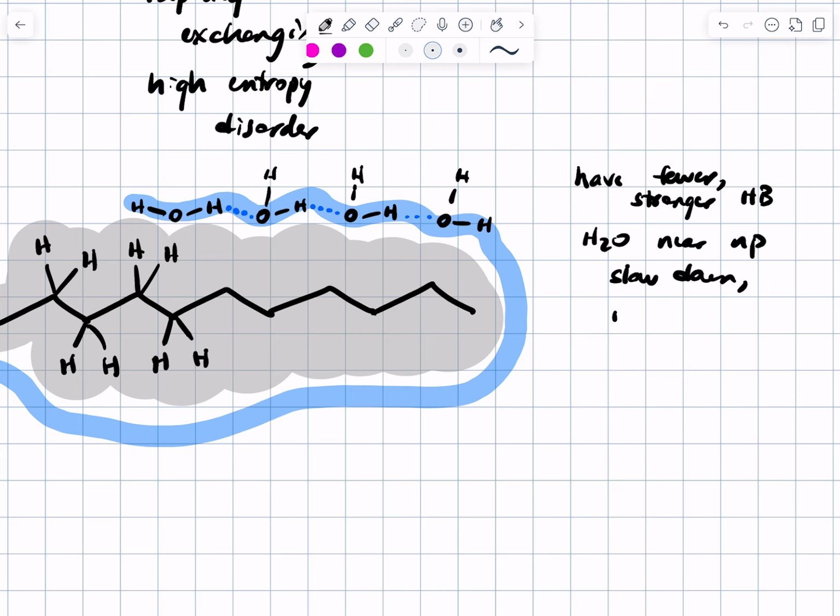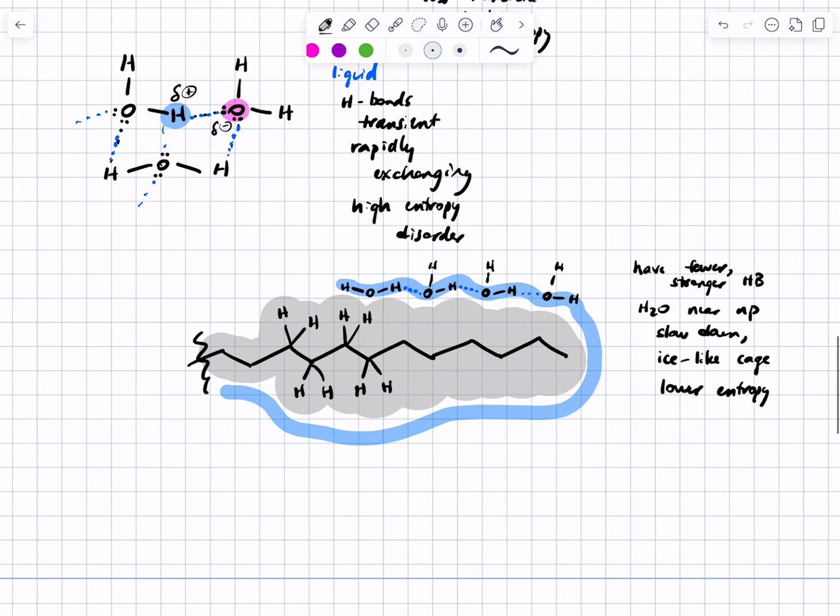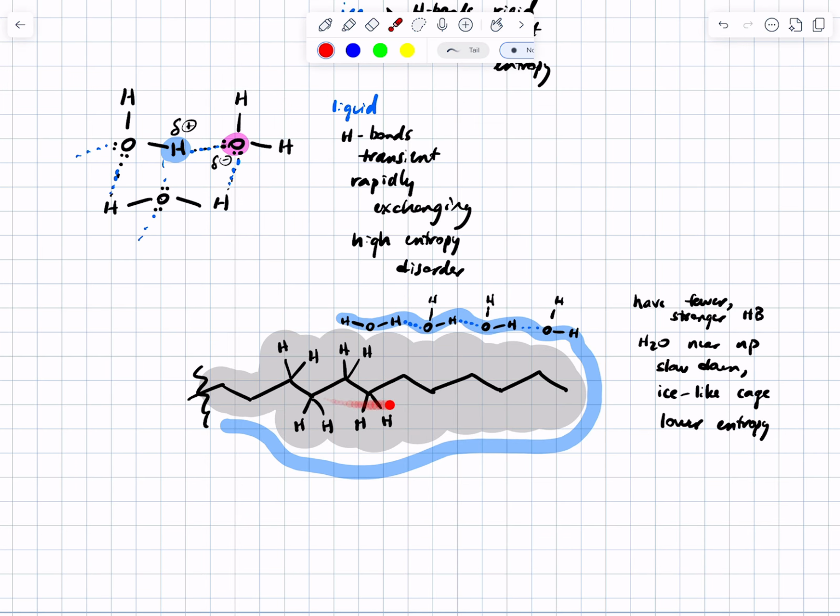And they become almost an ice-like cage of water that surrounds the oil. They're moving more slowly, they have lower entropy. In other words, putting the nonpolar thing in water causes some water molecules to freeze out in an ice-like coating around the nonpolar stuff. That's a loss of entropy, and it's unfavorable.